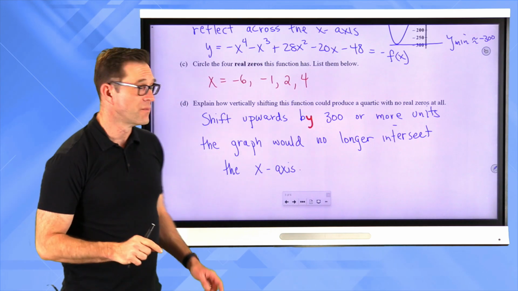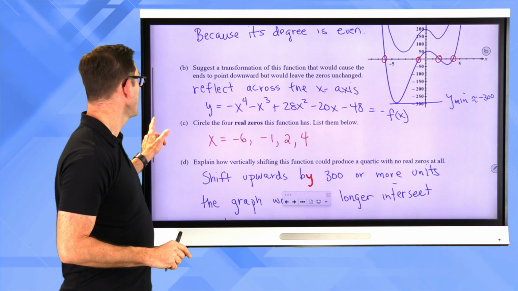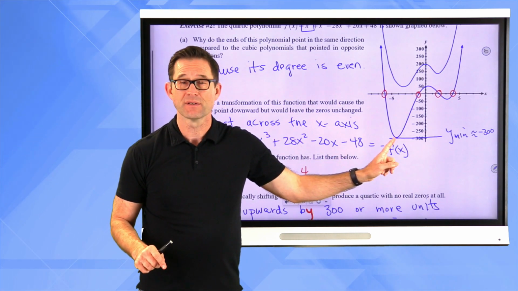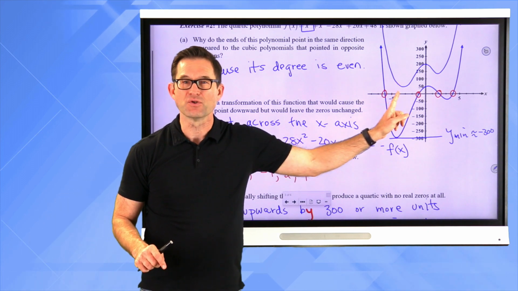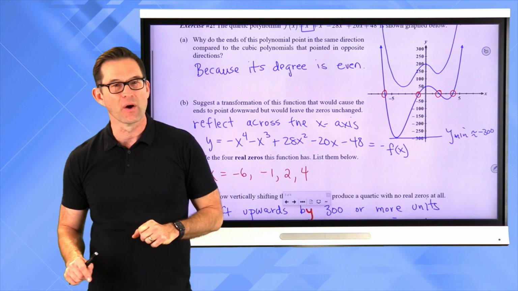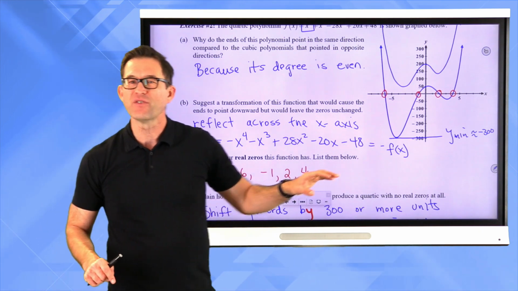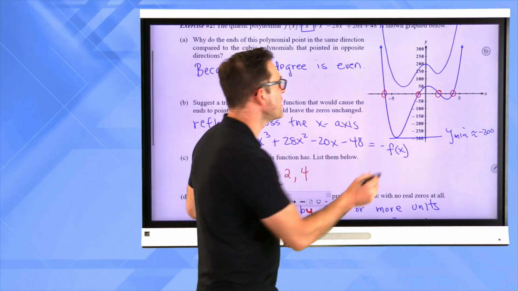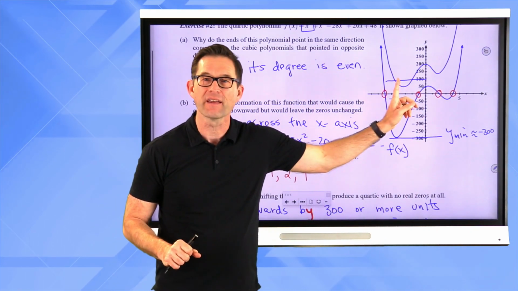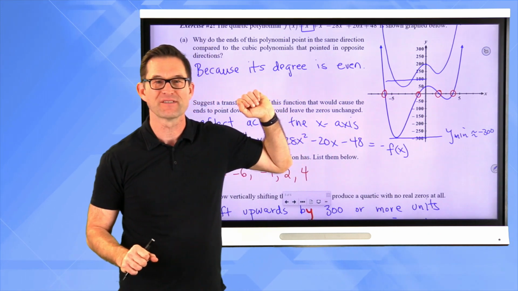Now, side note, if we shifted it up exactly whatever that minimum was, so that point was just touching the x-axis, we could get just 1 zero. If we shifted it up just enough, so maybe this portion was touching the x-axis, we could get exactly 2 zeros.